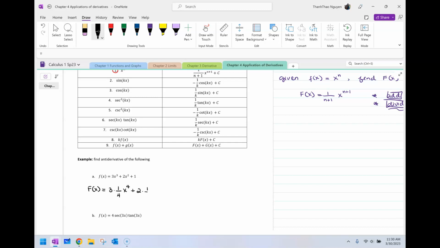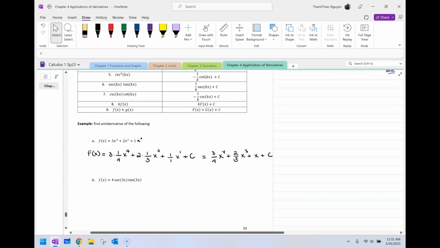Do the same for each term, and plus a constant c. So this equals 3/4 x to the 4th plus 2/3 x to the 3rd plus x plus c, where c is a constant.